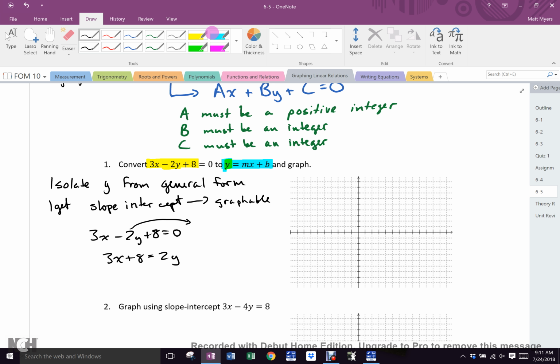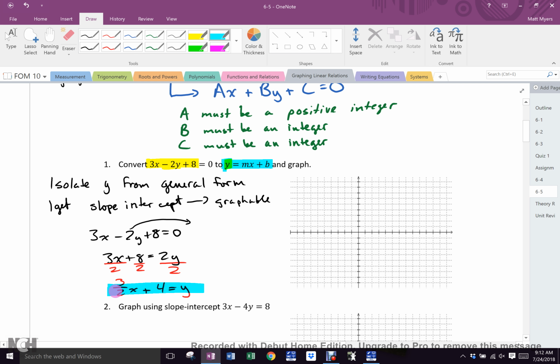Now, what is the last thing I need to do to get y by itself? Algebra. So what's the last step to get y by itself? Divide by 2. Which means what do I have to do on the other side? Divide everything by 2. 3 over 2x plus 4 equals y.